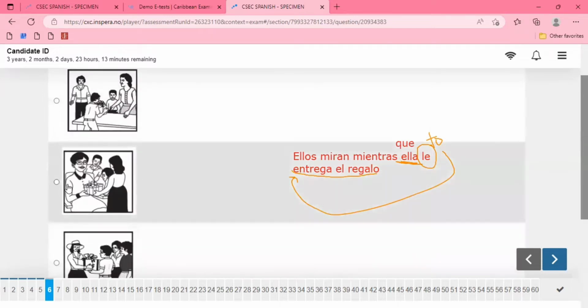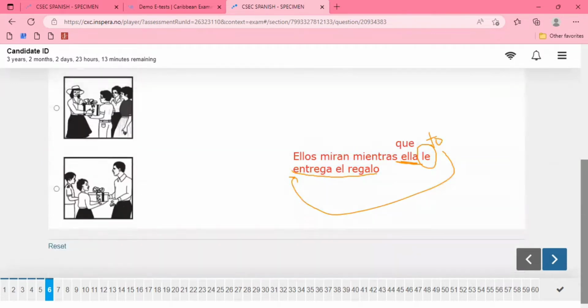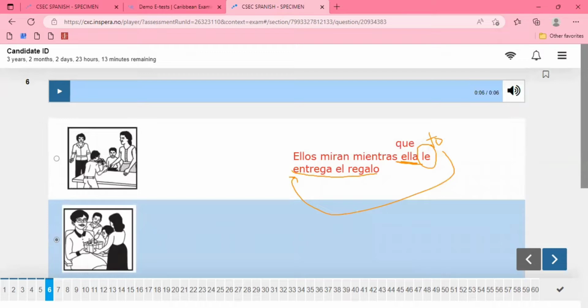So this would be the best option because you can see where there's a female, whichever one of these females handing the gift over, and then we have two additional persons watching. So you might say, oh my gosh, Candice, you're analyzing this a lot.